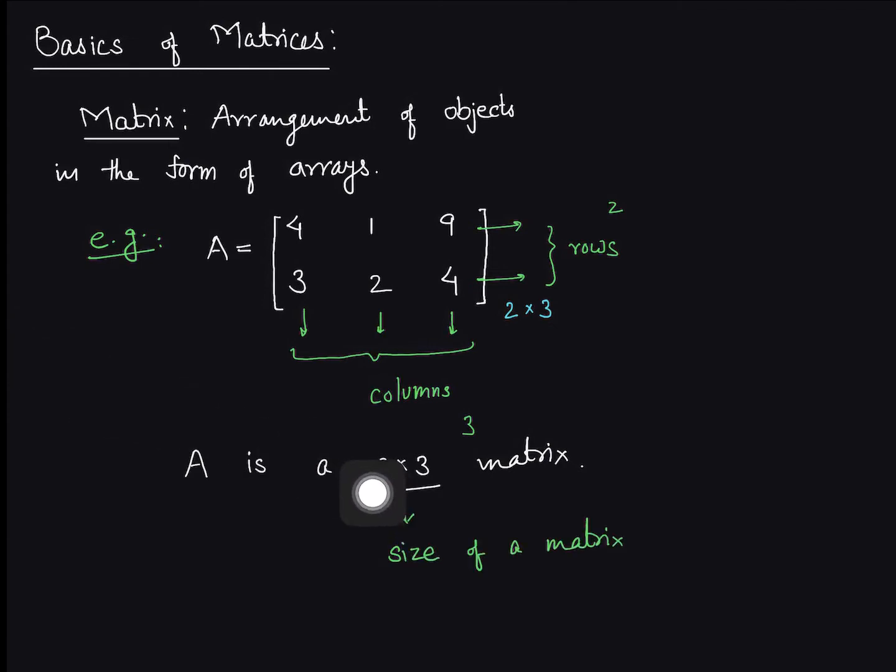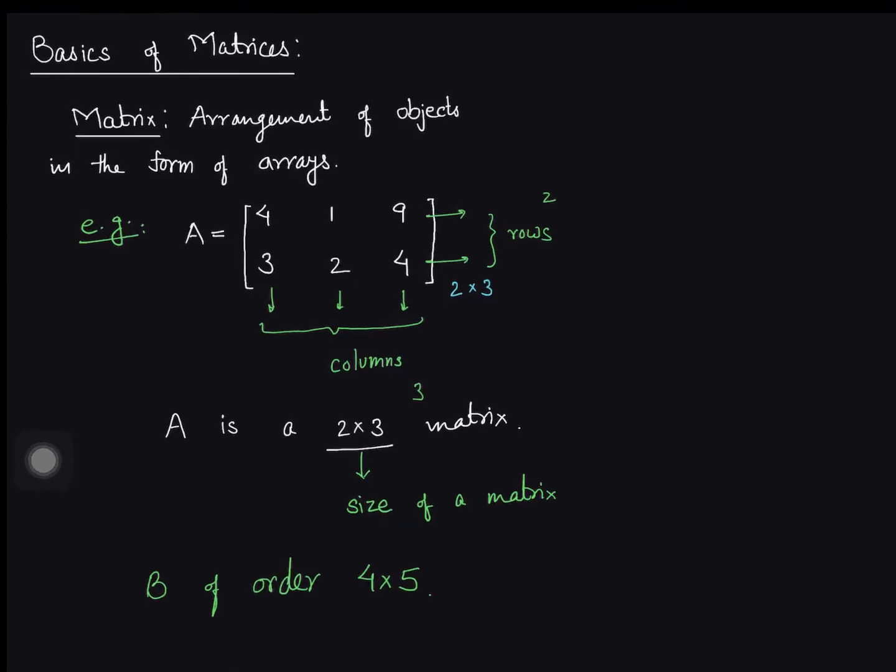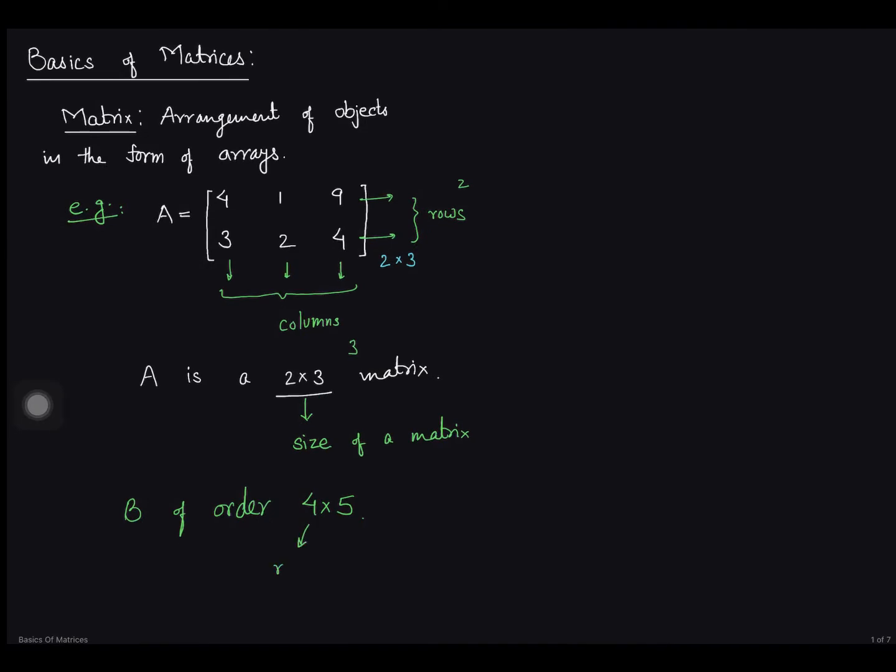The first number in the size denotes the number of rows in that matrix, and the second number in the size or the dimension of the matrix denotes the columns. So in general, if it is written that you have a matrix B of order 4 by 5, it means that this matrix B has 4 rows and 5 columns. So this is called the size of a matrix.